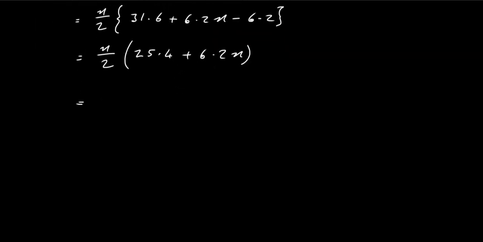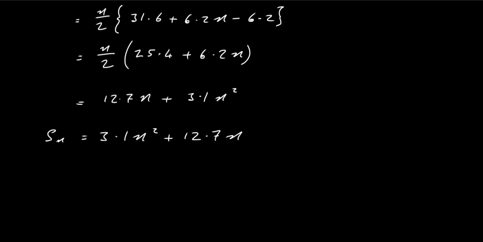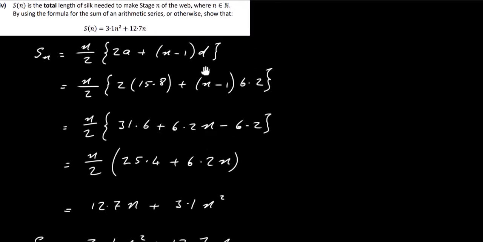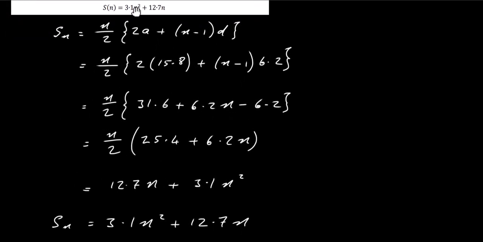That's equal to, let's see, we've got to divide by 2 and multiply by n. So when you do that, you get 12.7 times n plus, again, we've got to divide by 2 multiplied by n, so that's 3.1n squared. So we do end up with Sn is equal to 3.1n squared plus 12.7n. I think that's what we were required to find. Yeah, 3.1n squared plus 12.7n.